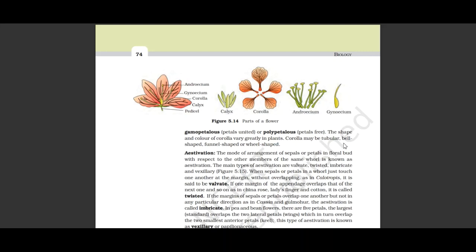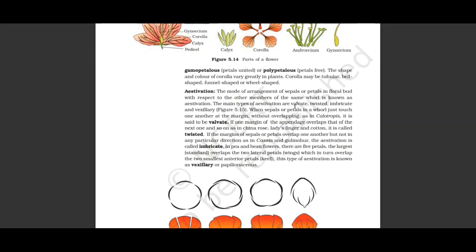Corolla may be tubular, bell-shaped, funnel-shaped, or wheel-shaped. Here they have mentioned the parts of flower: androecium, gynoecium, calyx, corolla, peduncle. Corolla means petals, calyx means sepals, and androecium and gynoecium are the reproductive parts of the flower.